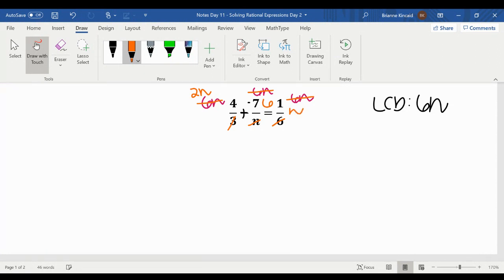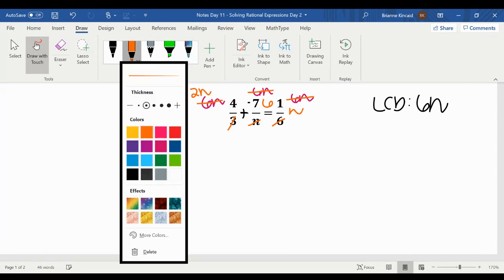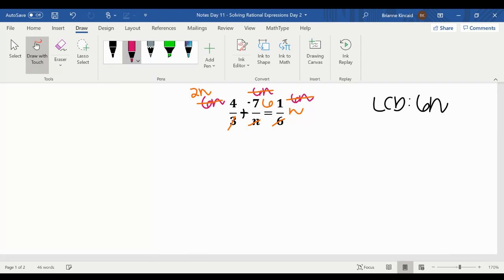So now what I'm really doing is multiplying 2n times 4 to give me 8n, plus -7 times 6 is -42, equals 1 times n is n.